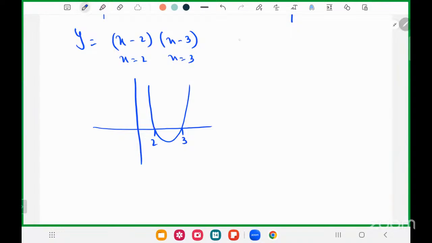Similarly, if on the other hand, it is something like this.